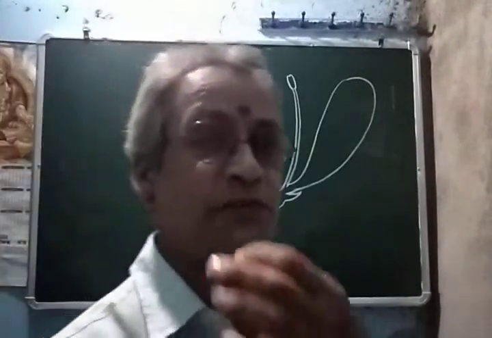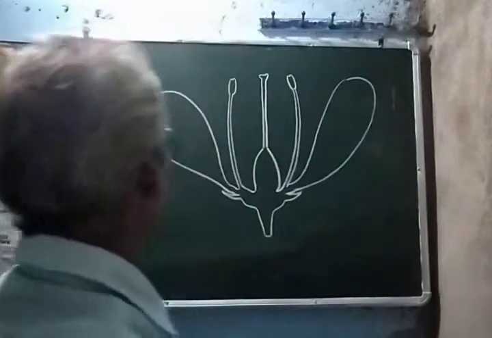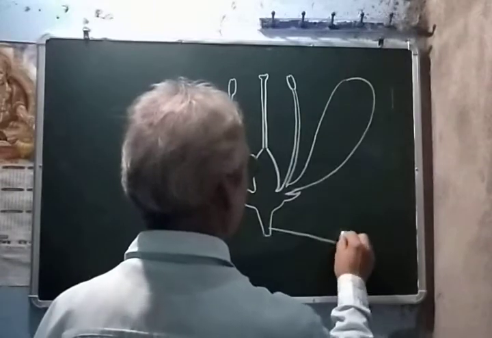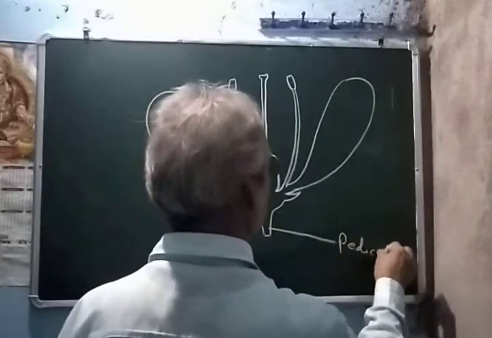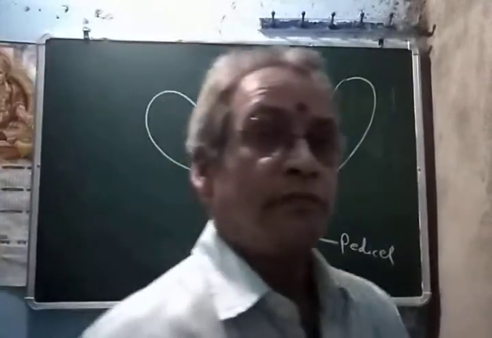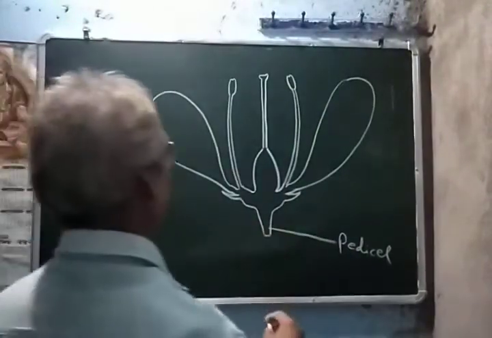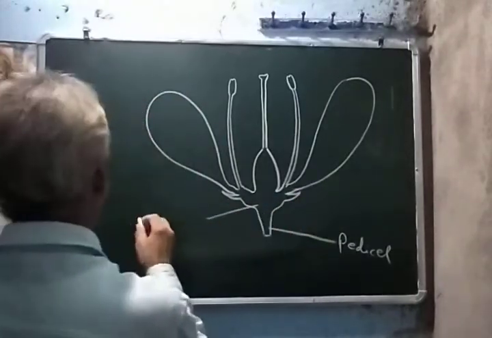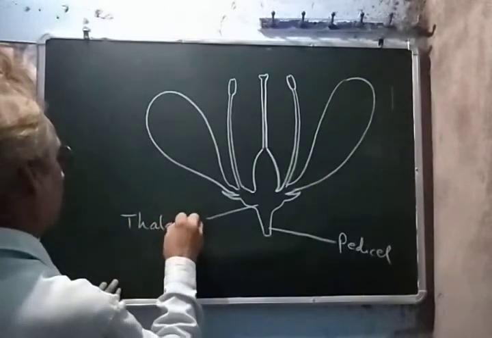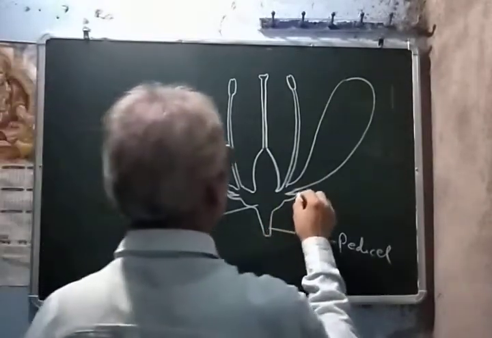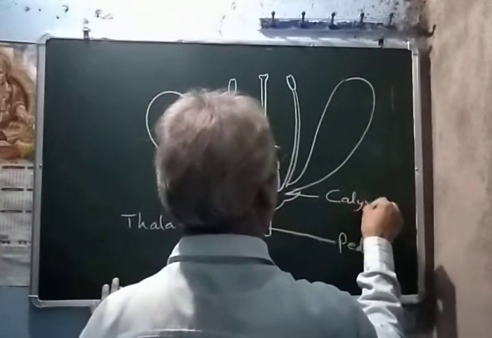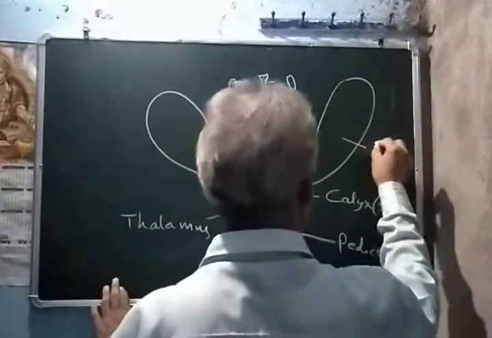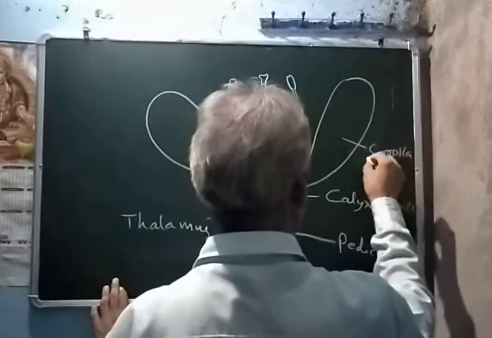A common typical angiospermic flower has a pedicel or a stalk. It is called a pedicel. Attached to this stem, this is the thalamus. This is the calyx, sepal. This is the corolla or petals.